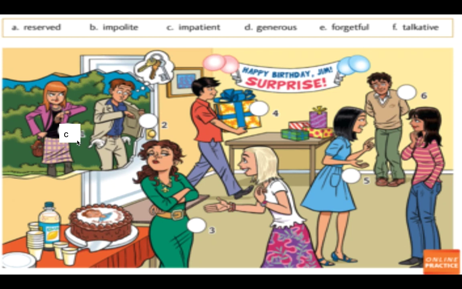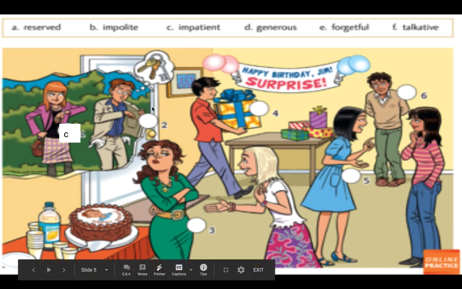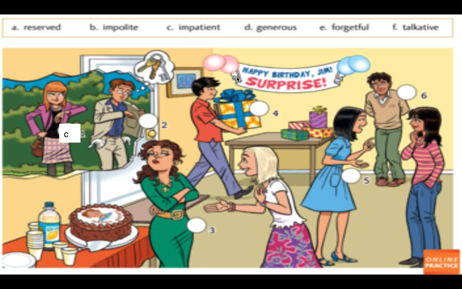So she is impatient because her friend, he's not very clever. Where are his keys? He forgot. He forgot where he put his keys. Maybe they're in his car? Maybe he didn't bring the keys? They are somewhere else? So this person, he is forgetful.